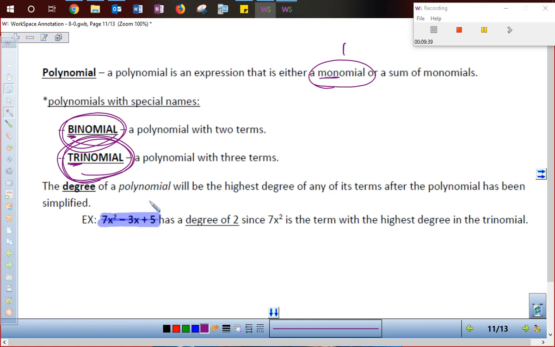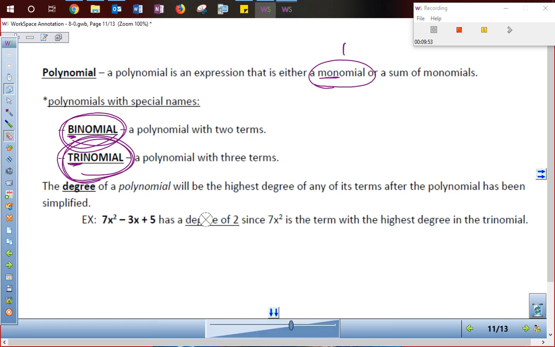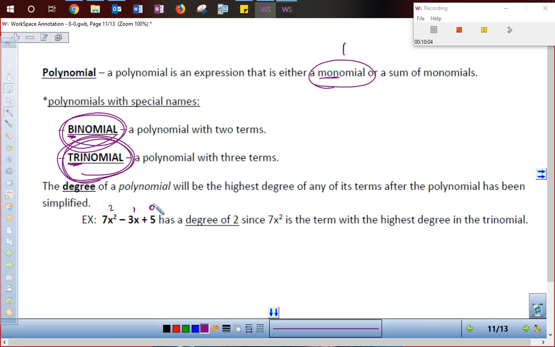There are three terms, so that would make this a trinomial. Now, if I were to look at each term individually, 7x squared has a degree of 2, 3x has a degree of 1, and 5 has a degree of 0. But the entire polynomial has a degree of 2, since that is the term with the highest degree.